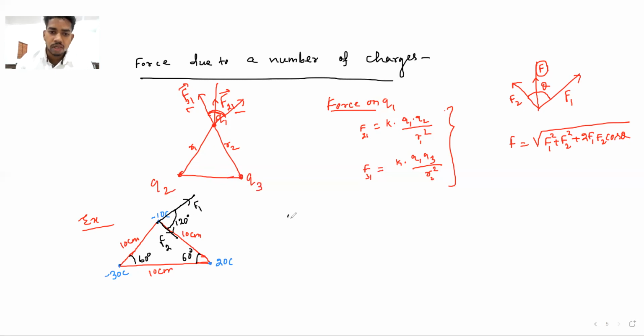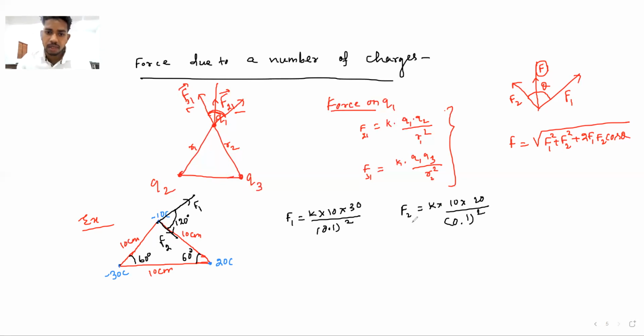So F1 value you can find: K into 10 into 30, minus symbol will not be used, minus plus symbol will be used only for finding the direction. The distance is 0.1 square. And F2 value is K into 10 into 20 by 0.1 square.